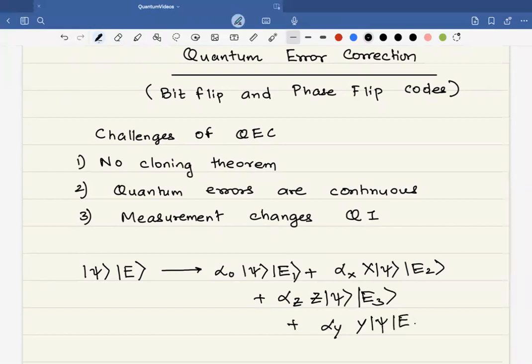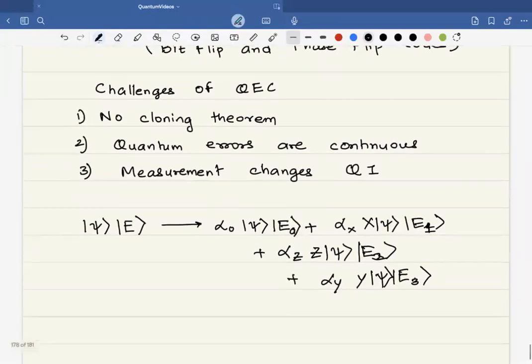Where X, Y, and Z are the, so I should write this. This is E0, this is E1, this is E2, and this is E3. So X, Y, and Z are the Pauli matrices.